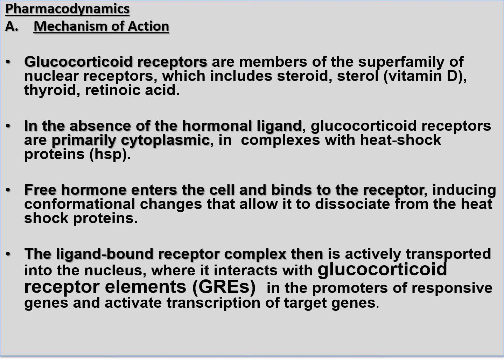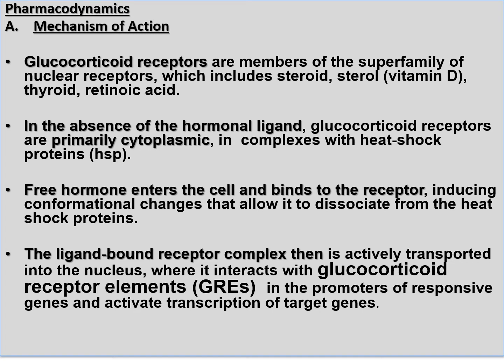This ligand-bound receptor complex is then actively transported into the nucleus where it interacts with the GREs. What are GREs? They are glucocorticoid response elements in the promoters of the responsive genes and activate transcription of the target genes. Now you can see this figure, this mechanism of action, in your books.